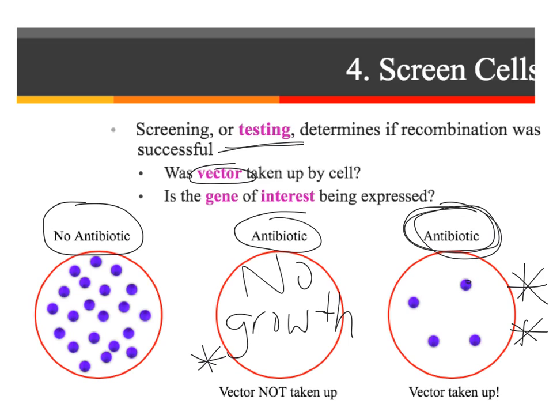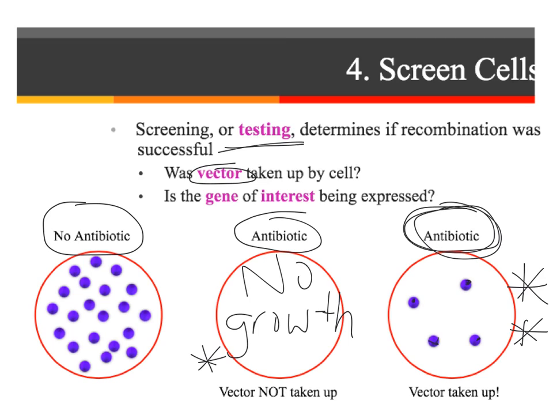Normally it wouldn't be able to grow on an antibiotic, but now all of a sudden it is. So that means that we were successful. The plasmid was taken up, and we can assume that all of these bacteria have our gene of interest. Now, with the glowing jellyfish gene, they're also going to be glowing in the dark. We'll see that when we get to our lab.